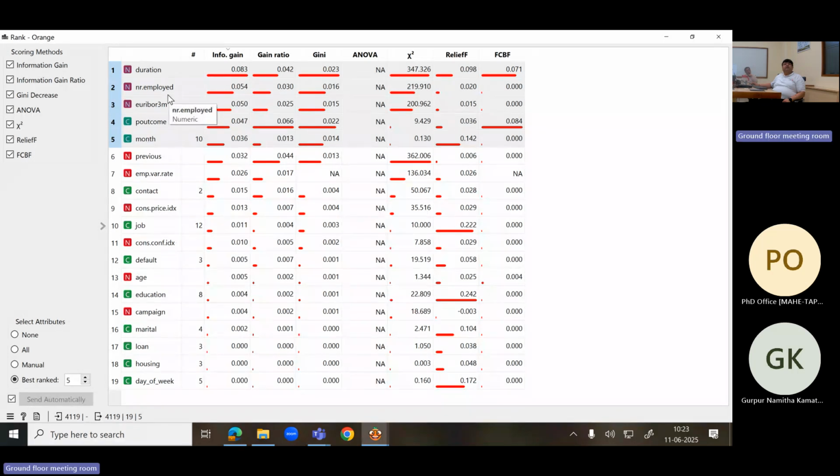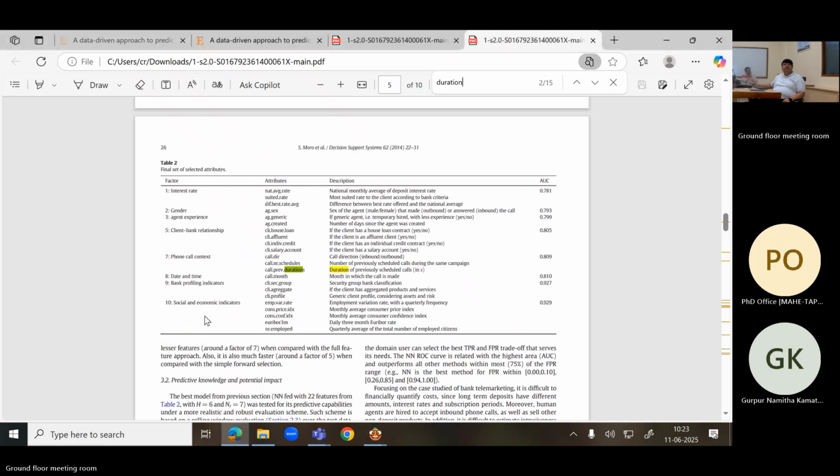What are the employment? NR dot employed. In the paper, what is it? The quarterly average of total number of employed citizens. Okay. But how does it matter?